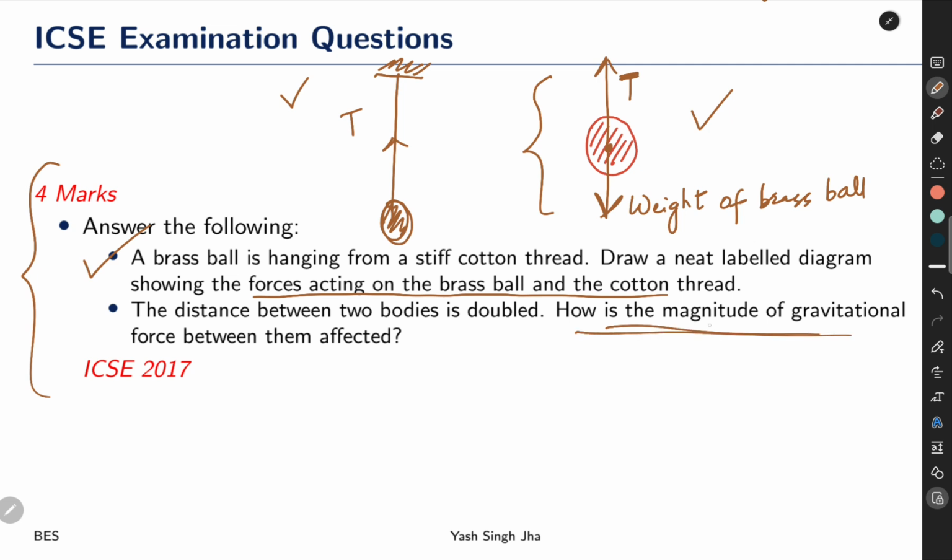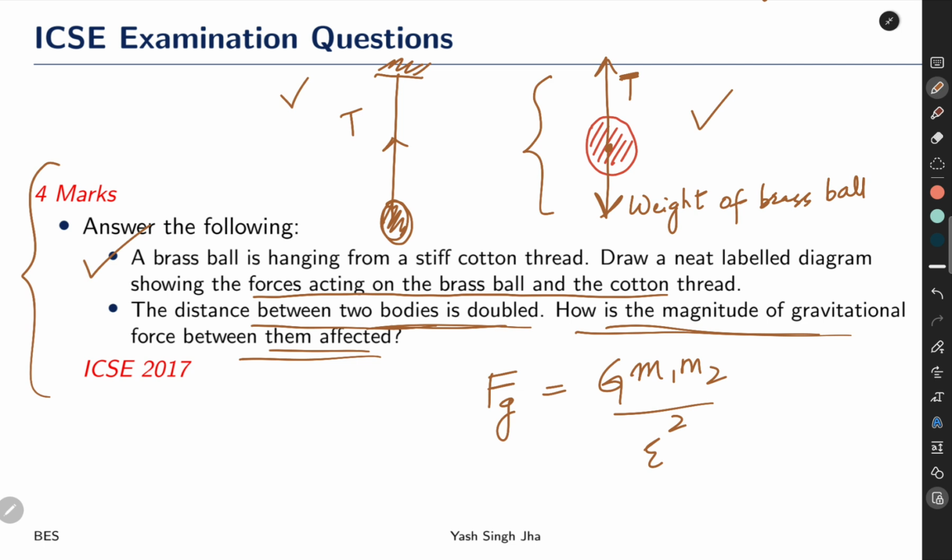The distance between two bodies is doubled. How is the magnitude of gravitational force between them affected? We know that the magnitude of gravitational force is G m1 m2 upon r squared. They are saying the distance between the two bodies is doubled. R becomes 2r. So this is case 1. In case 2, the force due to gravity is G m1 m2 upon 2r squared, same masses, but the distance is 2r.